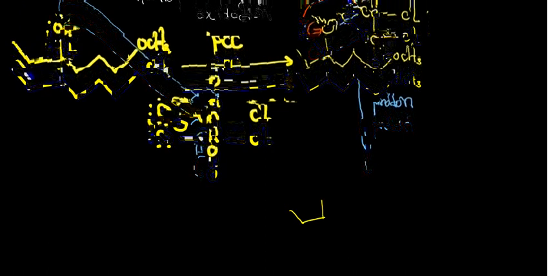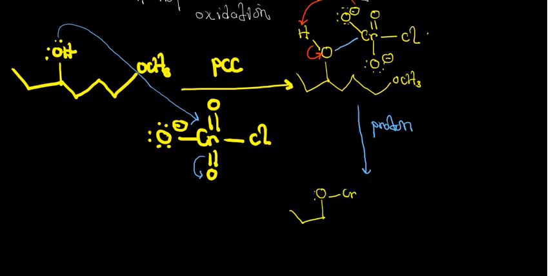Our structure still maintains. We're still having the oxygen there, the two electrons there, and we're still having the CR, which is double bonded to the oxygen, which is single bonded to the other oxygen here. 1, 2, 3, 4, 5, 6, negatively charged.